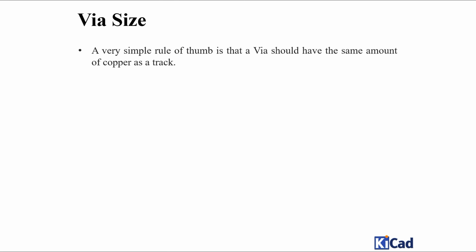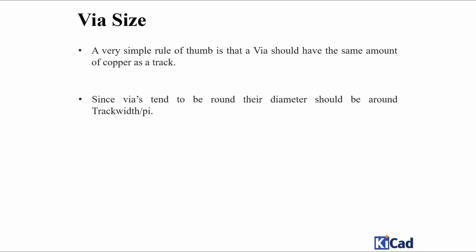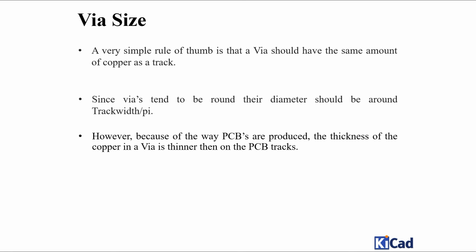Now we will discuss the via size. A very simple rule of thumb is that a via should have the same amount of copper as a track. Since vias tend to be round, their diameter should be around track width divided by pi. However, because of the way PCBs are produced, the thickness of the copper in a via is thinner than on the PCB tracks.